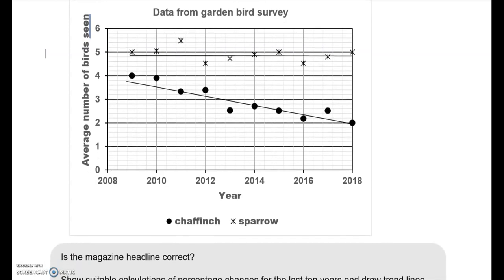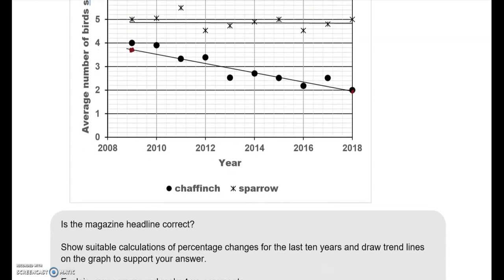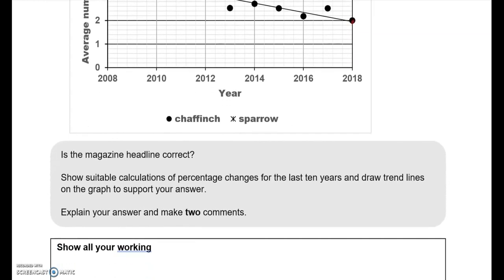We'll now show some percentage changes. So using the line of best fit in here, this is about 3.7 in year 2009, and then about 1.95 or 2 in year 2018. So it's gone from 3.7 to 2.